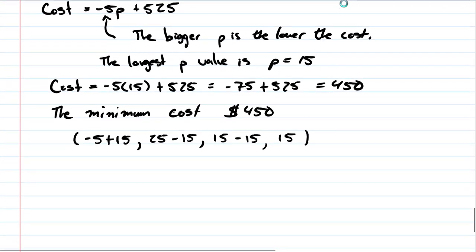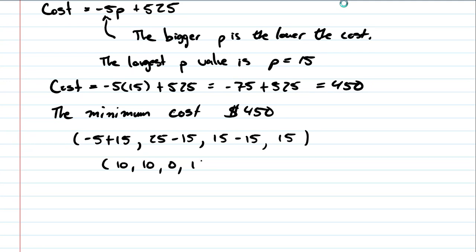So we simplify, and we get 10, 10, 0, and 15. So that would be x is 10, y is 10, z is 0, and p is 15. So that would be the way to rearrange the cars that would minimize the cost.